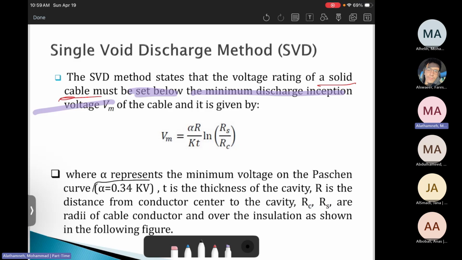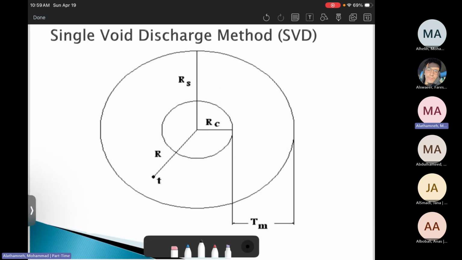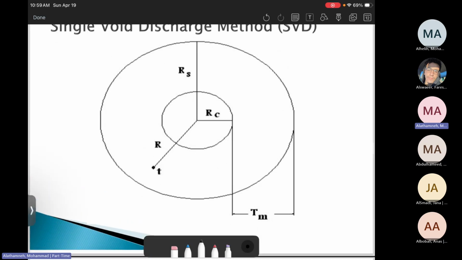Alpha is basically from the Bashkin curve, which is 0.34 kilovolts, while the rest should be given: dt is the thickness of the cavity, r is the distance from the conductor center to the cavity, and rc and rs are the radii of the cable conductor and over the insulation, as shown in this figure. So that's how we can calculate, and that's where they are located.